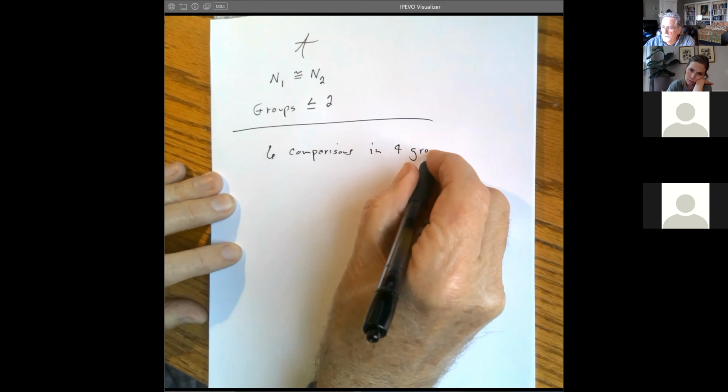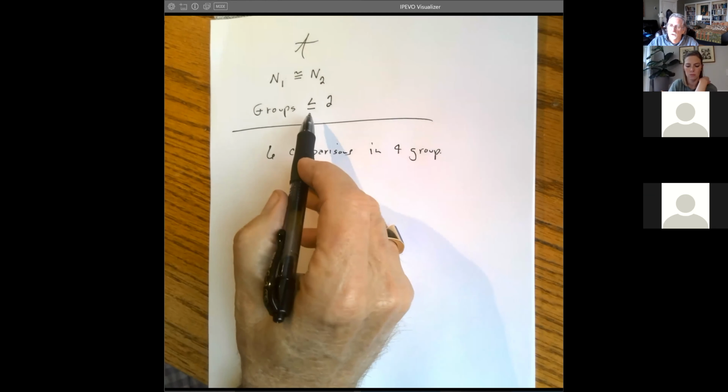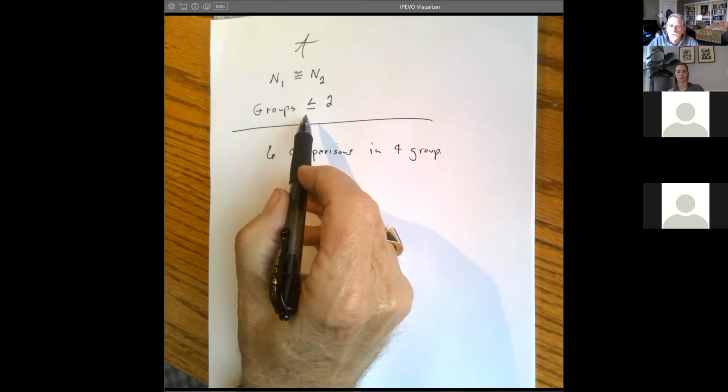And you can do the counting yourself. You can do A, B, C, D, and figure out all the unique 2s there, and you'll get 6. So there's up to 6 comparisons in 4 groups, if you are limited to no more than 2 groups to a comparison.